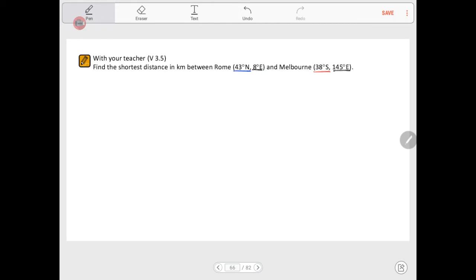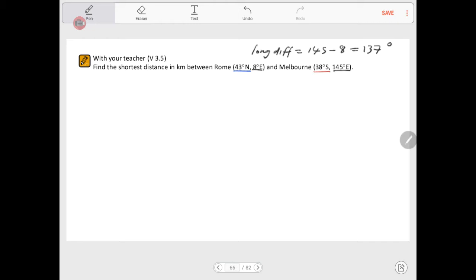Both places are east, so just like in previous examples, we work it out the same way. They're both east, so we'll subtract those two to get our longitudinal difference. So the longitudinal difference is 137 degrees. I'll keep that for later when we put it into the formula.